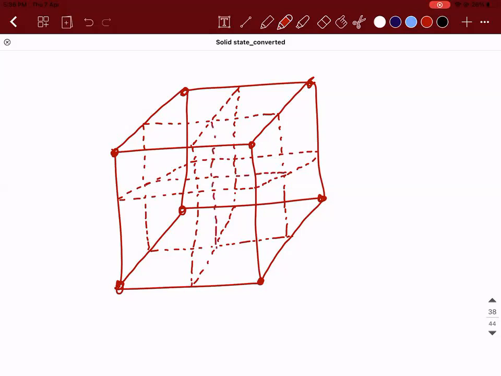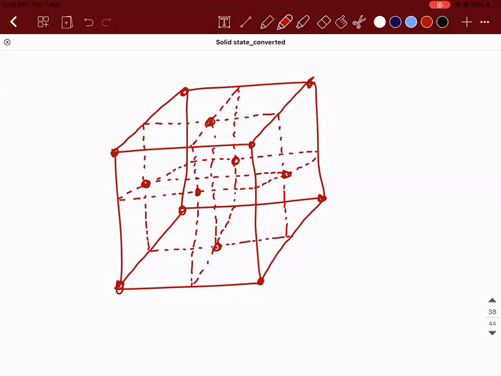Now, look here. For FCC, the 6 points will be present on the faces: top, bottom, left, right, back, front. Clear? Yes.